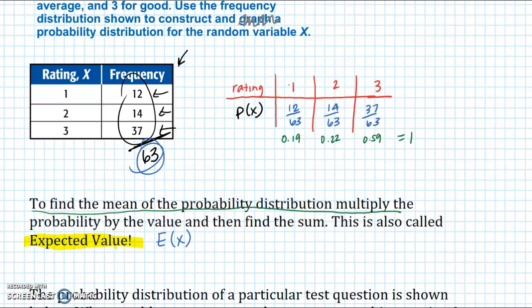multiply basically down these columns and then find the sum. So you had a 1 rating at 12 over 63. You had a 2 rating and that's 14 over 63, and then you had a 3 rating at 37 over 63.